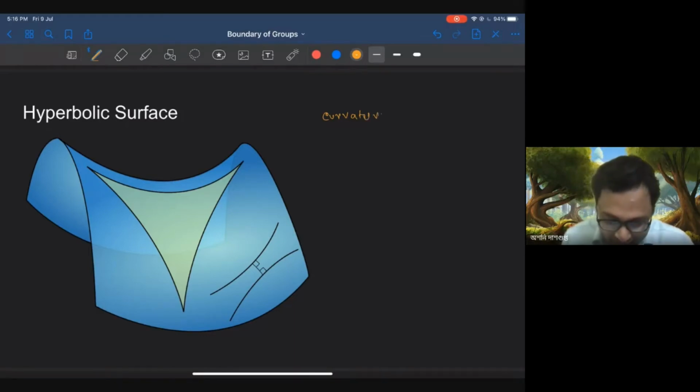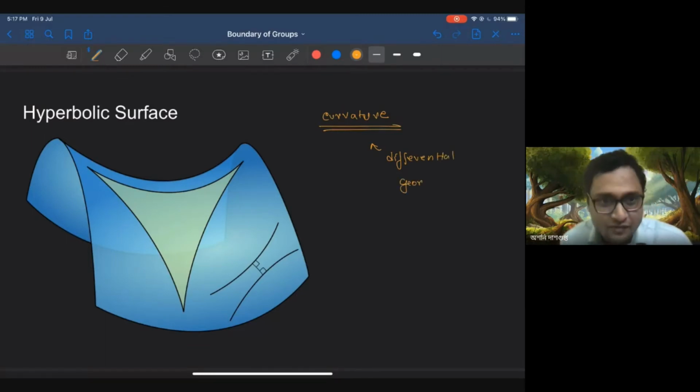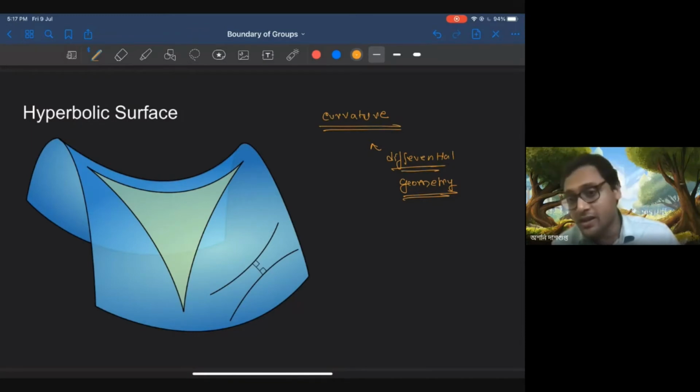There is a notion of curvature in differential geometry, so you will have negative curvature spaces, but I would not go into differential geometry at all, because to understand what we are doing, you don't need to know differential geometry. But if you do know differential geometry, you will get a lot of good examples to think around.